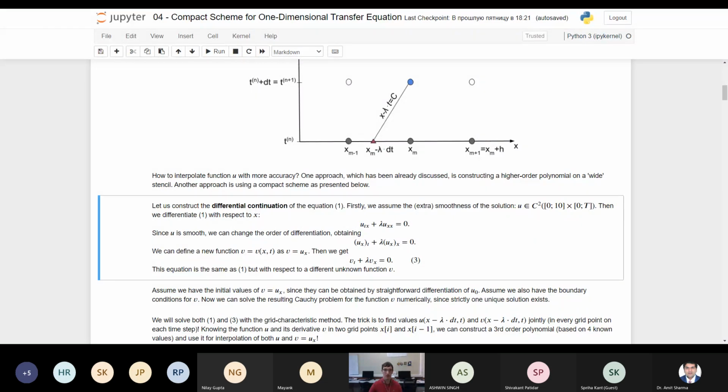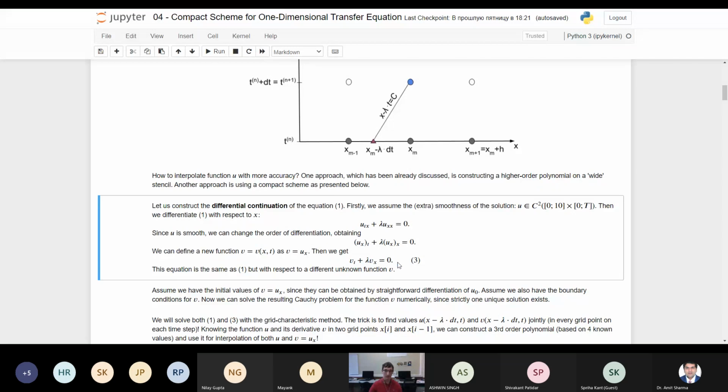We can change the order of the differentiation in the first part, obtaining this form of the equation. Then we can introduce a new function v equals the derivative of u with respect to the spatial coordinate x, and obtain this equation.